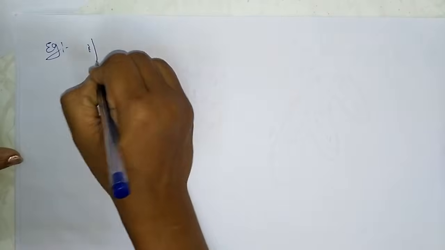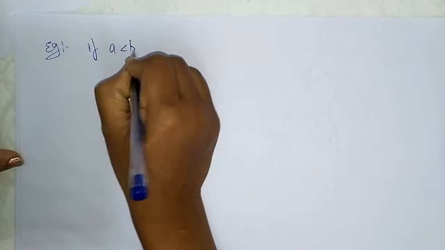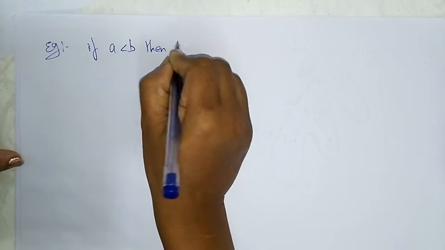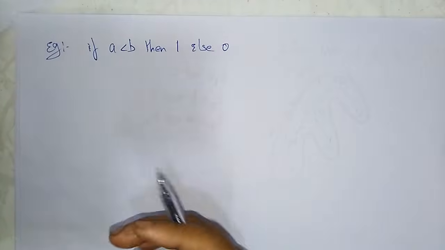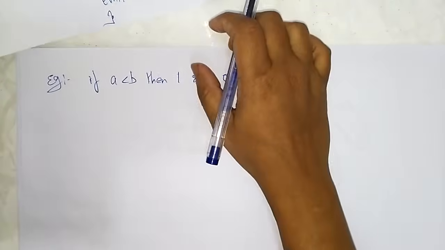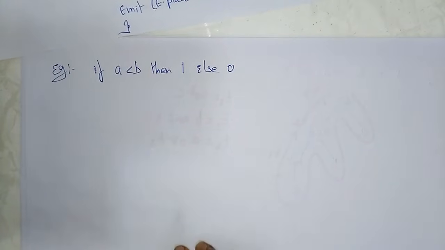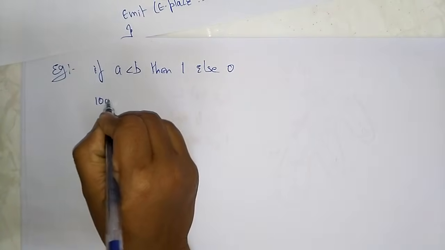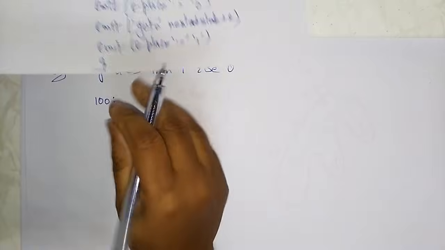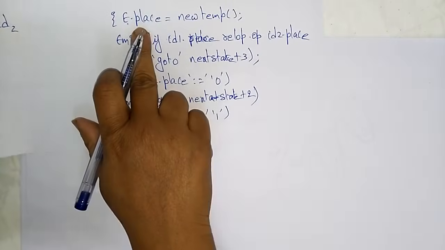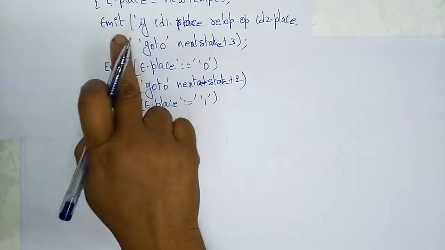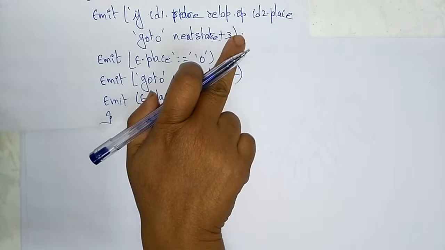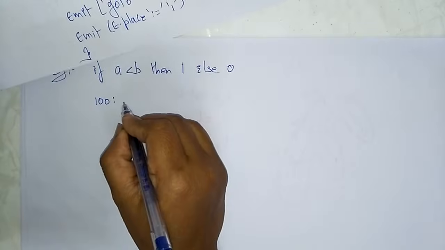I'm taking an example: if A less than B, then 1, else 0. So this is a statement. For this, I'm taking a series of steps. Let's take allocation 100. First, E dot place is equal to new temp, if ID1 relational operator ID2, so first check the condition.